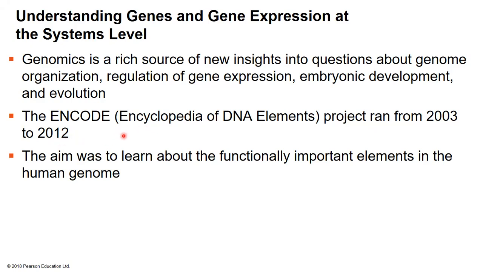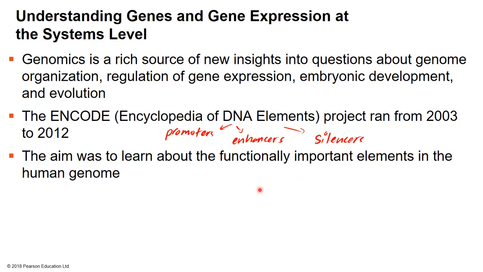The aim of this project was to study and determine all the DNA elements required for the expression of genes. Okay. Here we're talking about promoters. So they wanted to identify all the promoters of genes, enhancers, and silencers, and many other types of DNA elements.